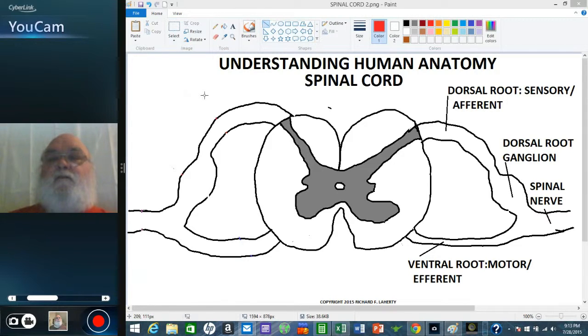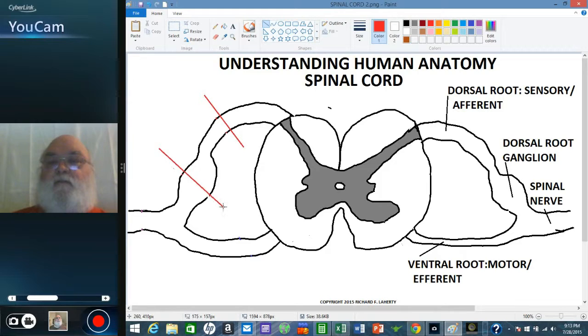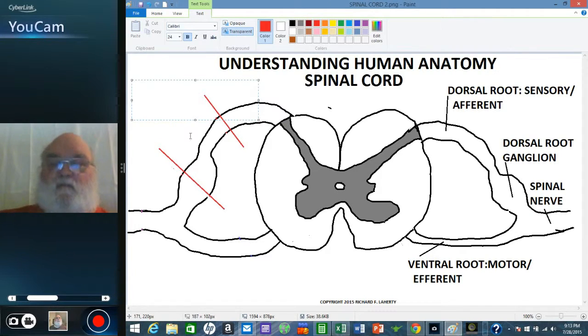Now, if we were to have an injury or damage to the dorsal root ganglion or the dorsal root, we would see a sensory deficit, or loss of sensory information from the area served by that spinal nerve, from that segment of the body on that side of the body.